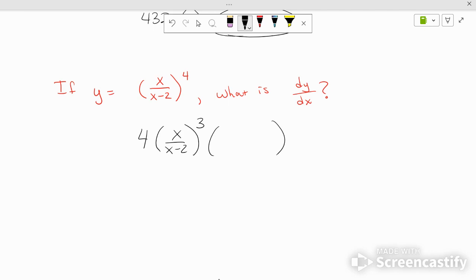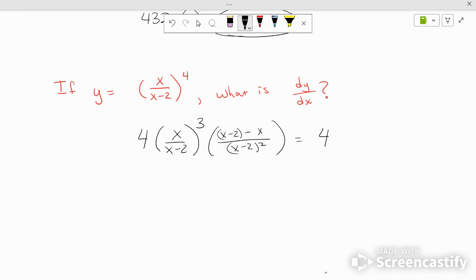What's the first derivative of the inside? Quotient rule. So it's x minus 2 times 1 minus x times 1 over x minus 2 squared. So it's 4.